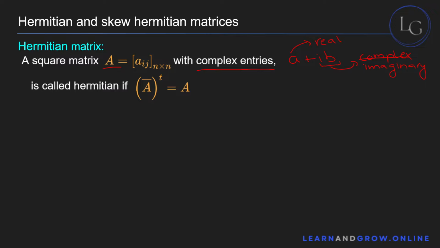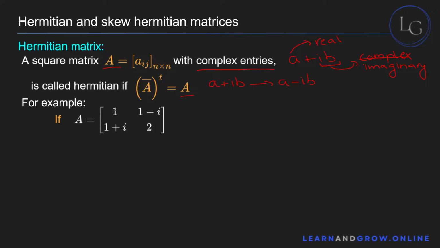Now, a square matrix A with complex entries is called Hermitian if the transpose of the conjugate of A is equal to A. Basically, the conjugate of a plus ib will be equal to a minus ib. So let's just see this matrix A here.